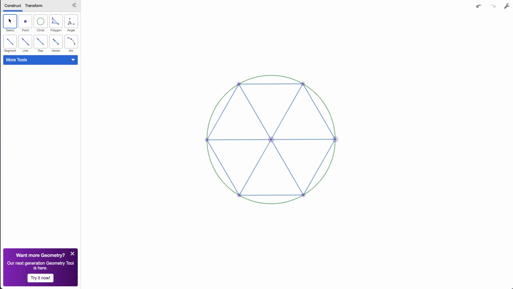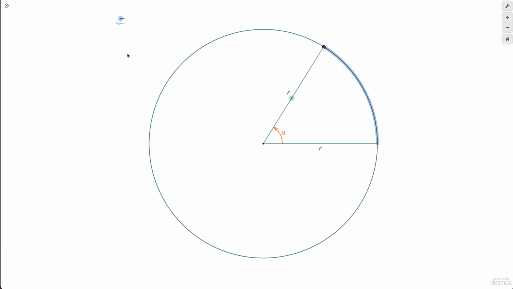So another way of defining an angle measure is to look at the parts of the circle. In a circle, we define a circle by basically 2 parameters. Usually we have the center of the circle and the radius, which is the distance from the center to any point on the circle.